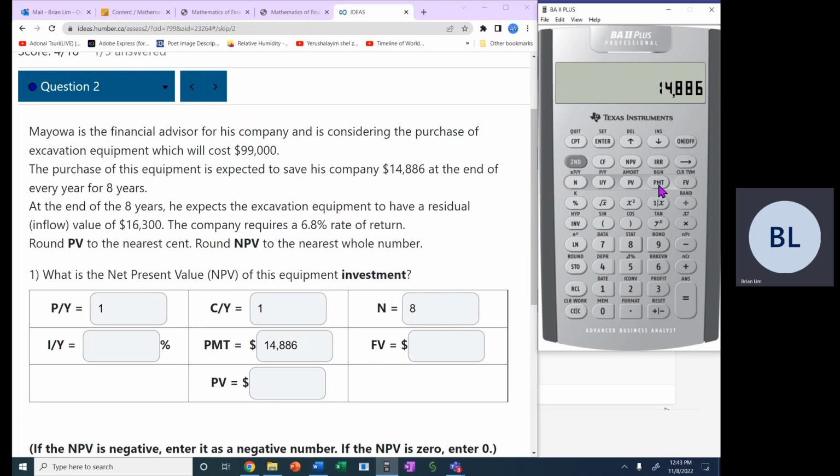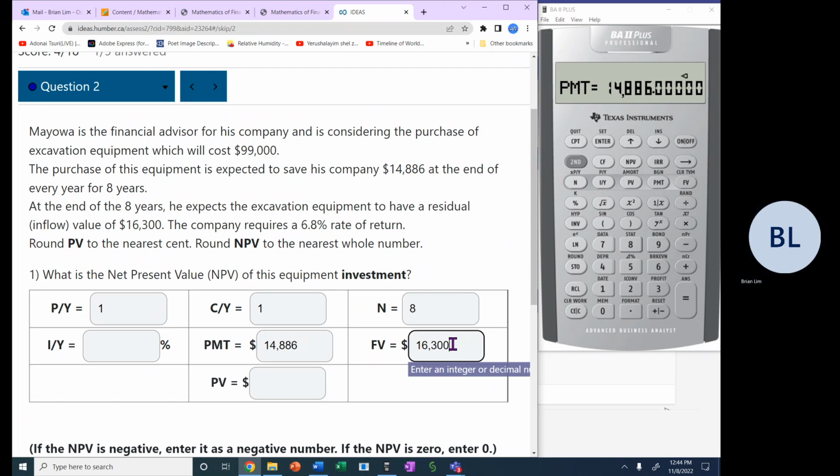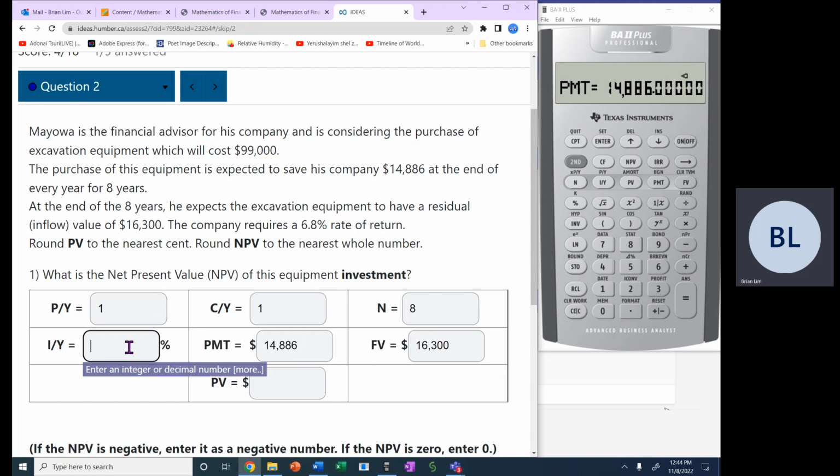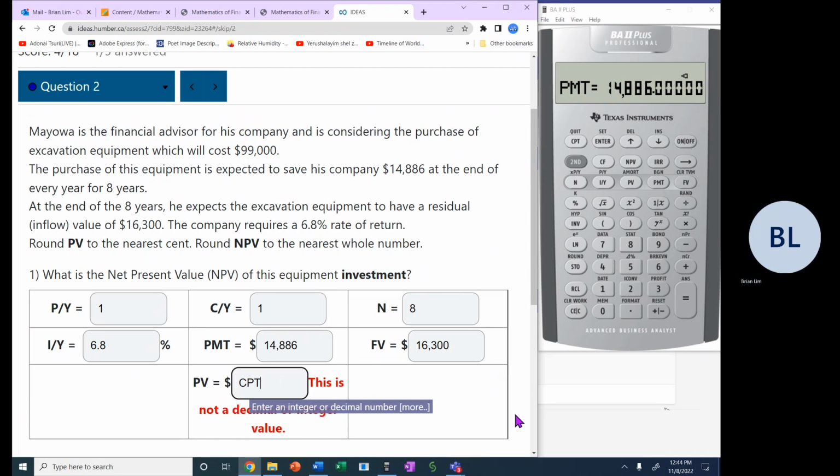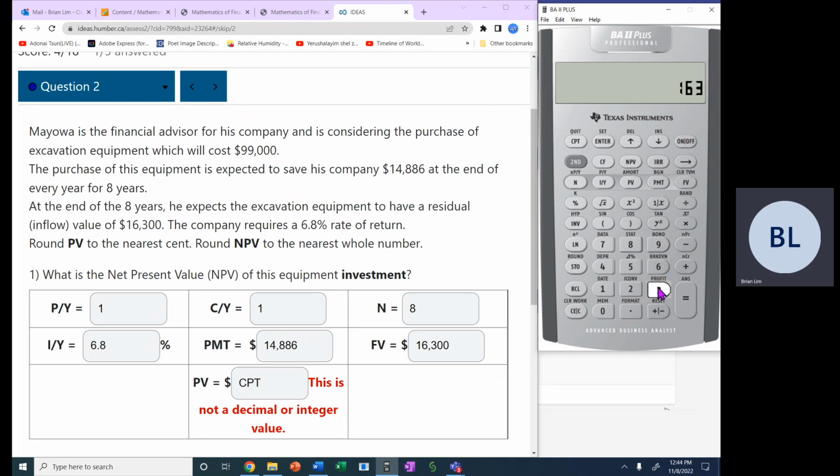Now for the future value, we will insert this residual value of $16,300. Then we will compute the present value. The interest rate is 6.8, and the present value is what needs to be computed. So we put in the future value, 16,300, and there we are.